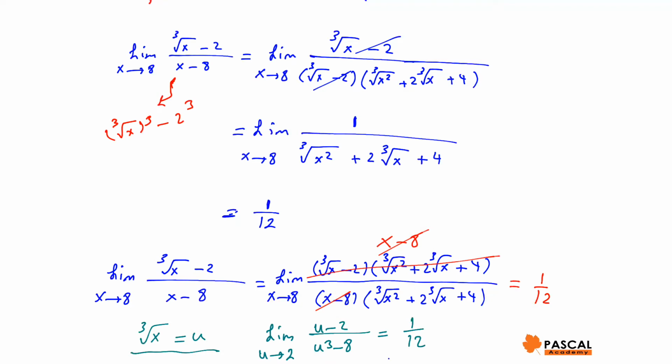If you look at these two methods and the change of variable, we'll see they have the same basis and are basically of the same nature. By assuming cube root of x equals u, we convert it to a polynomial. By writing x minus 8 as cube root of x to the power of 3 minus 2 to the power of 3, we can use difference of cubes and factor it.